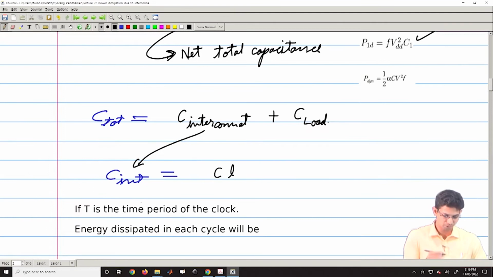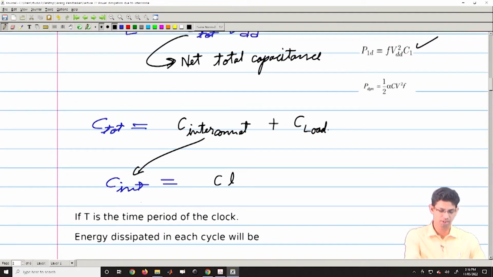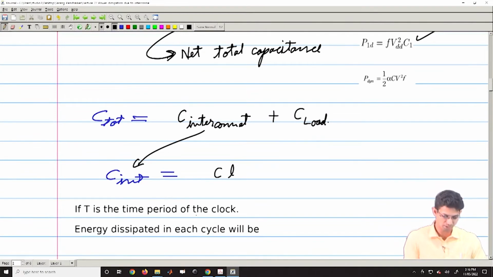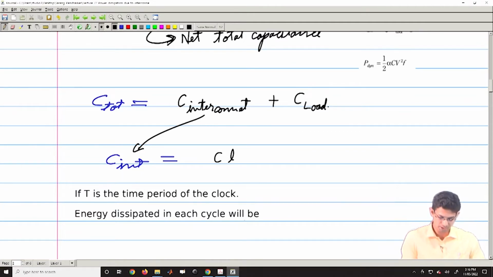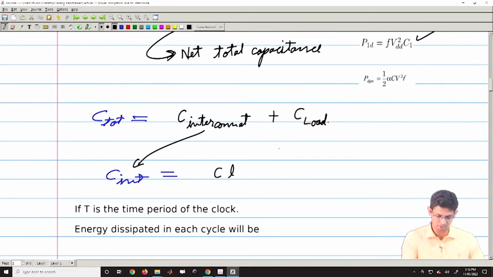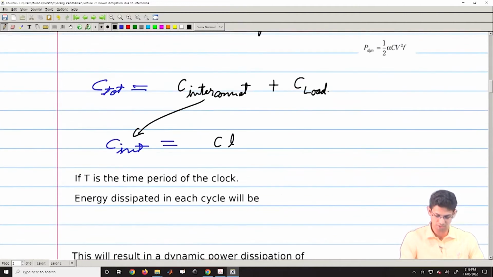If T is the time period of the clock, then the energy dissipated in each cycle will be C total into VDD square. We need to know what is the power dissipation. Now, this energy is dissipated in one cycle.